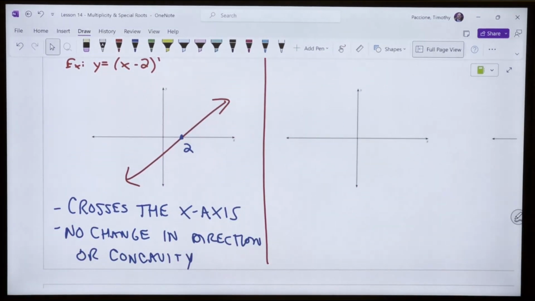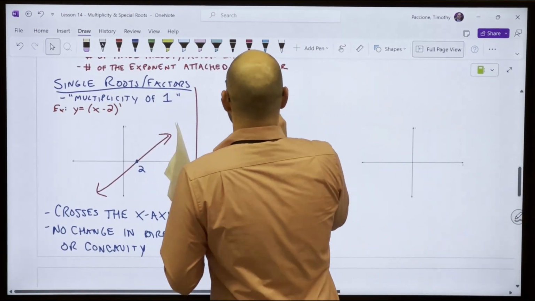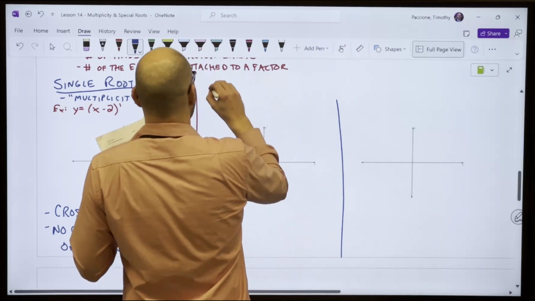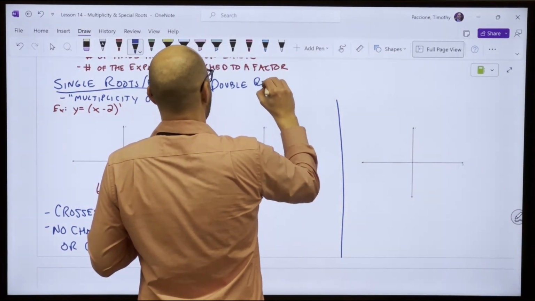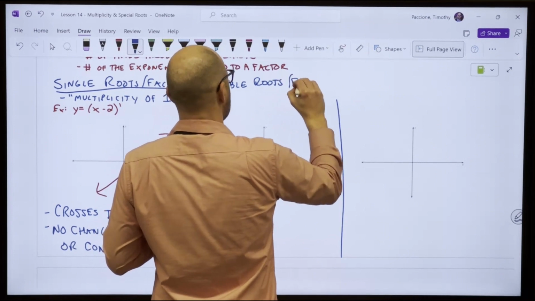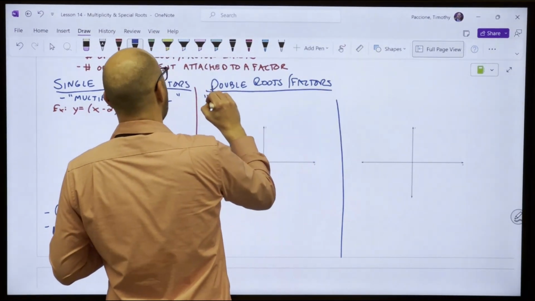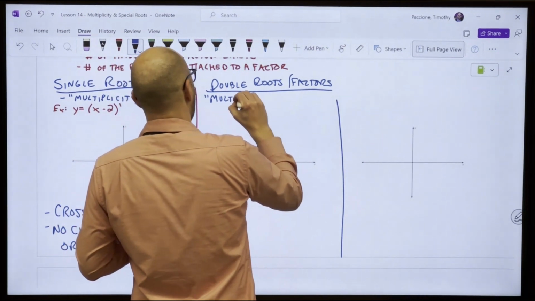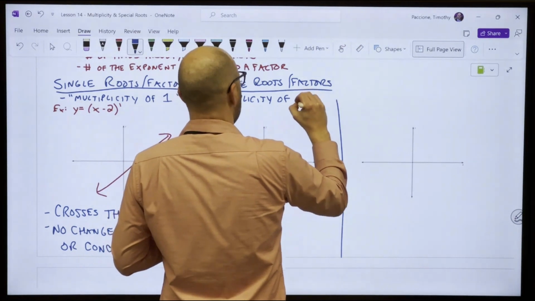Our next one would be a double root, right? So double roots or factors have a multiplicity of 2.